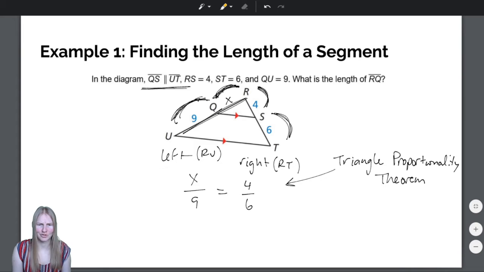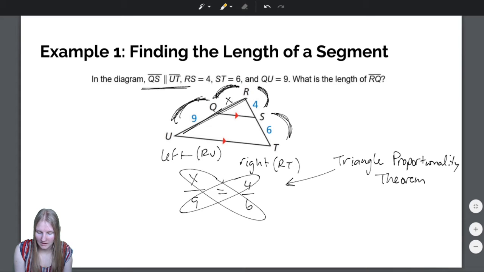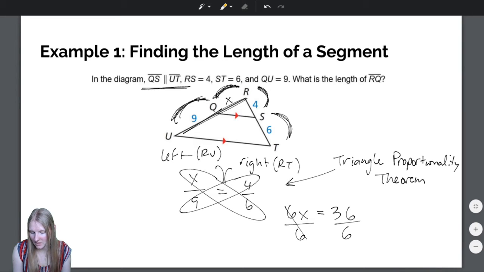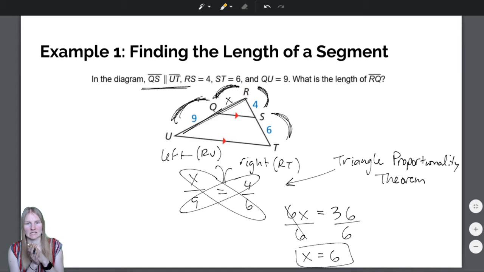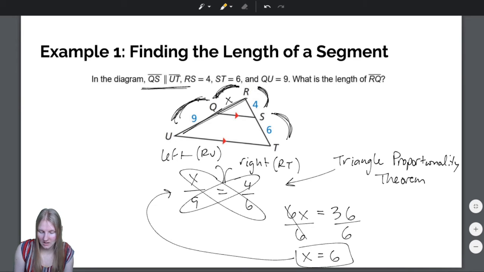And we know how to solve this. Butterflies. Cross multiplying. So we have x times 6, or 6x equals 4 times 9, which is 36. Divide by 6 on both sides, and x is 6. We can check that this is correct by plugging it back in.